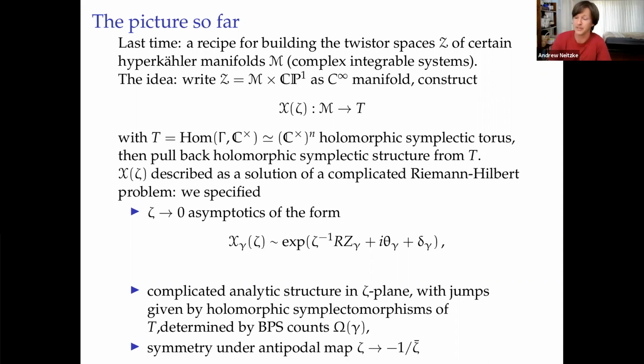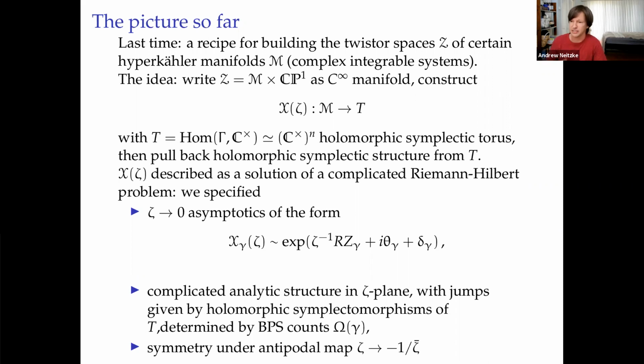The symplectomorphism was completely determined by these BPS integers, BPS counts. And the last property was some symmetry under the antipodal map, zeta goes to the antipodal point, -1 over zeta bar.